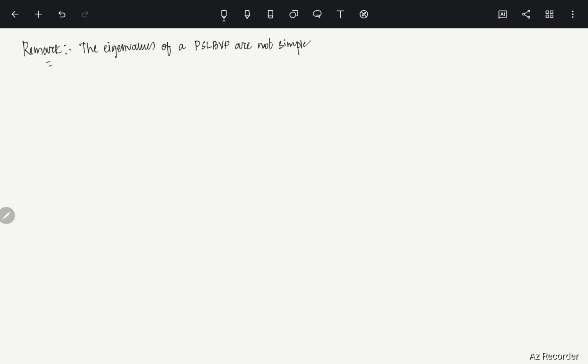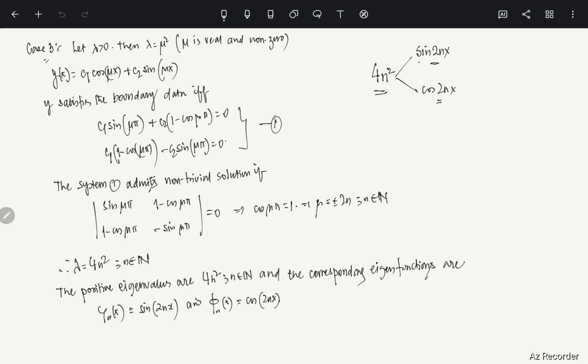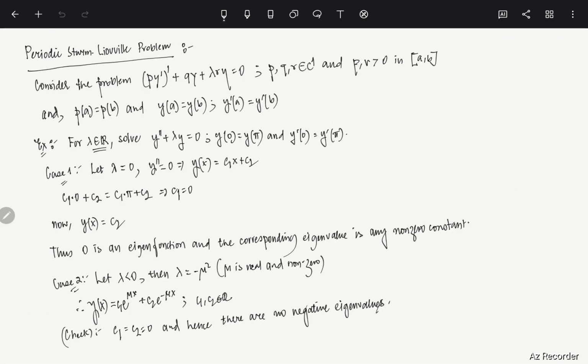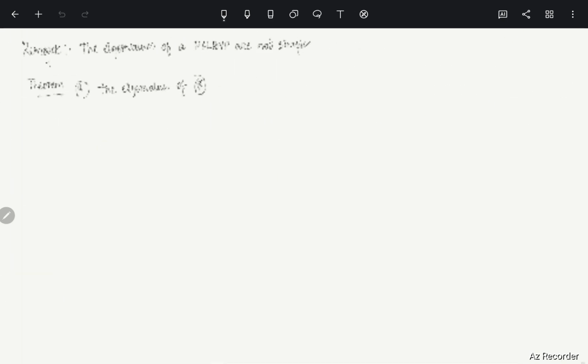So basically what I am going to do is write down a theorem with two parts. The eigenvalues of this equation star, the original equation, if any, are real.